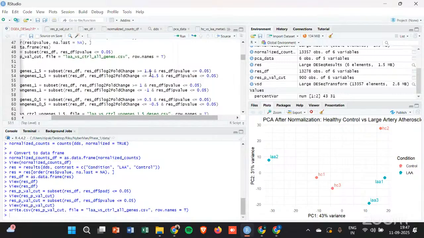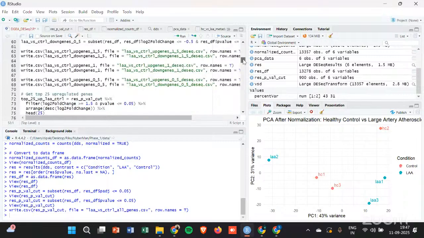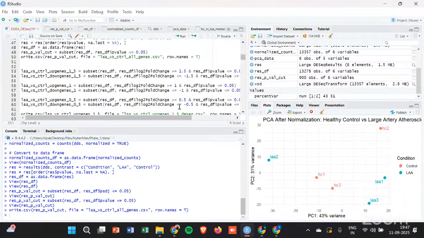For example, I have put a log2 fold change cutoff of 1.5, here a cutoff of 1, and here a cutoff of 0.5. You can create these files and keep them on your system. For this analysis it's not really necessary, so I won't, but you can do that if you want. All of these will already be part of this file, so you can always just load this file and do the subsetting later.